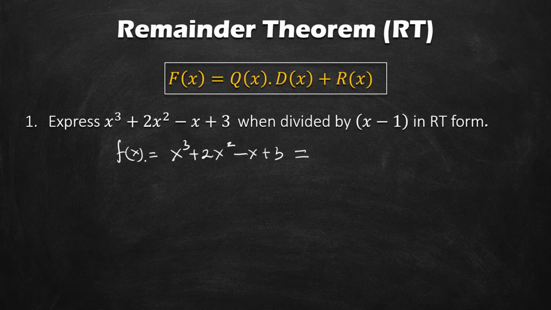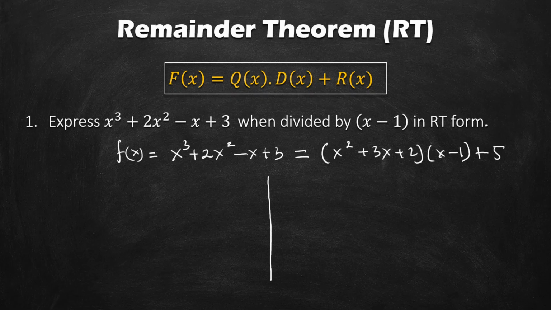So this part is the normal equation, equals to the remainder theorem, which is (x^2 + 3x + 2) times (x - 1) plus 5.